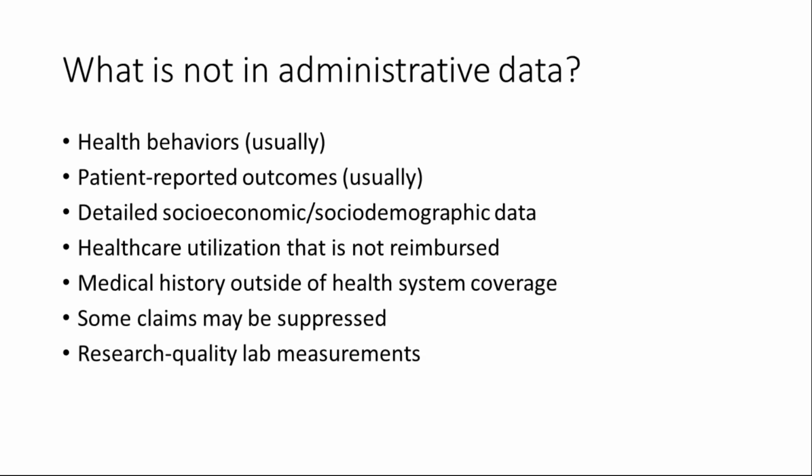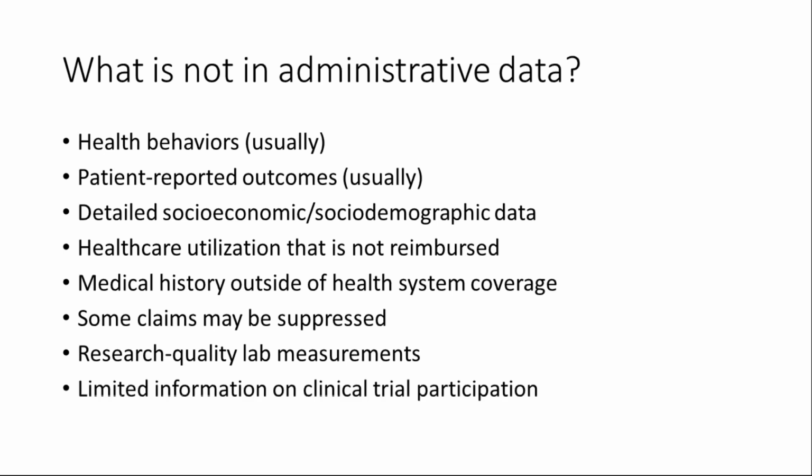And then research quality lab measurements. The lab measurements are not perfect within Medicare or Medicaid or any of these administrative claims, so that's something to keep in mind. And one of the others that we've run into several times is it would be so helpful if we knew whether some of these patients were on clinical trials. There's very limited data on that.